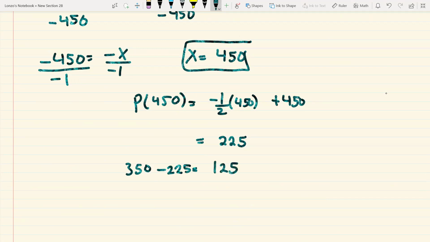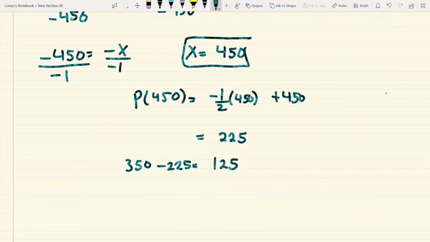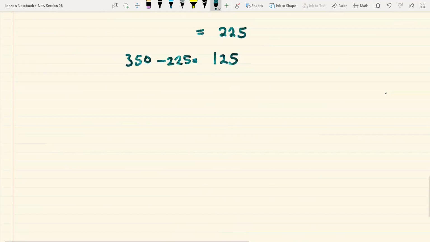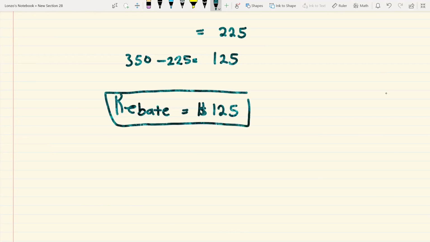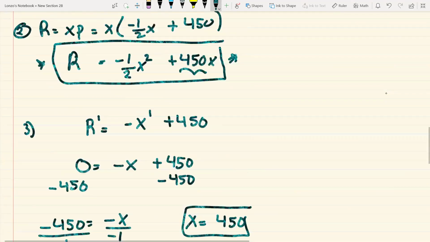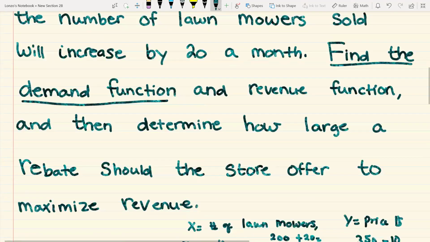So the largest amount of rebate the store can offer to maximize revenue is $125. So the rebate is 125. Okay, so that wraps up example 6.